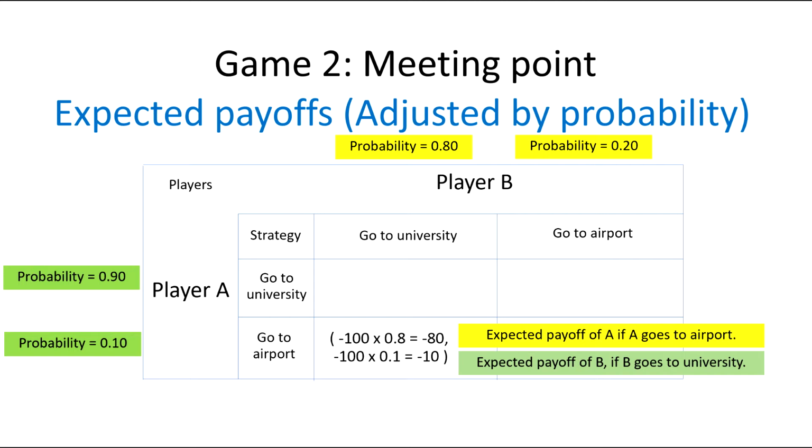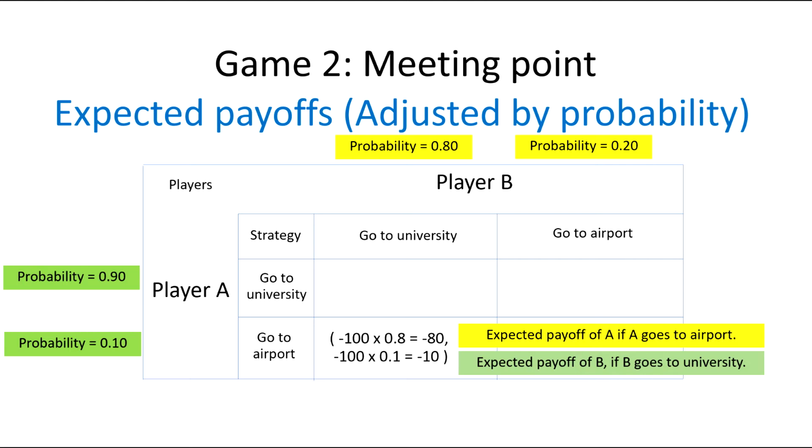It means that A tends to lose 100 utils, but with the probability of just 0.8. So A can expect that he or she may lose 80 utils. On the screen it is minus 80. So this is the expected payoff of A if A goes to the airport but B goes to the university.